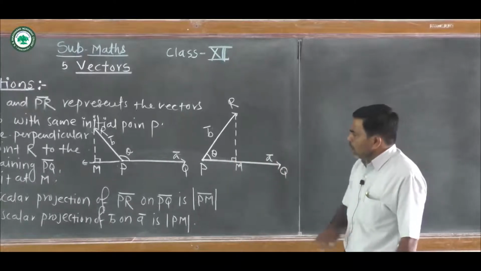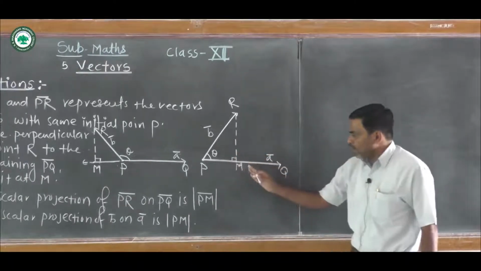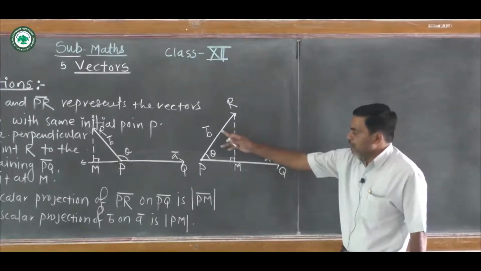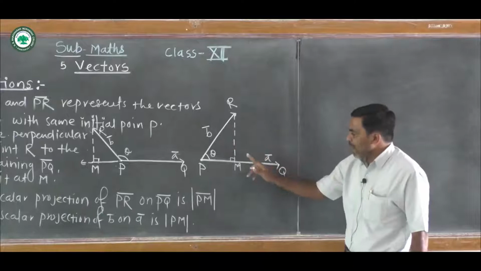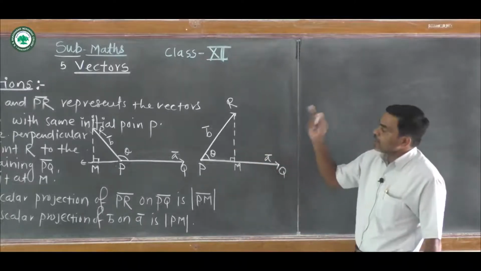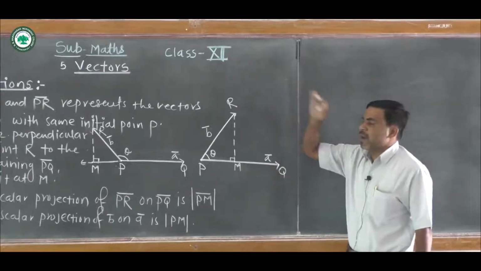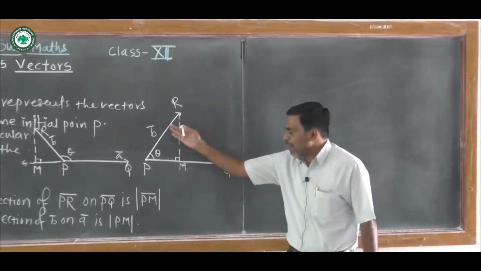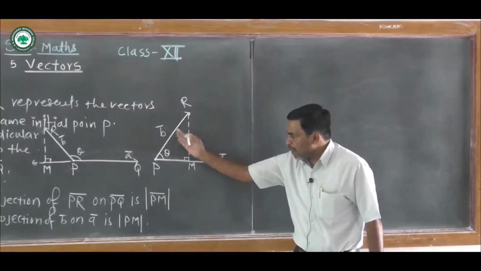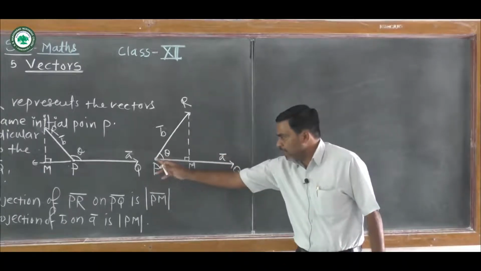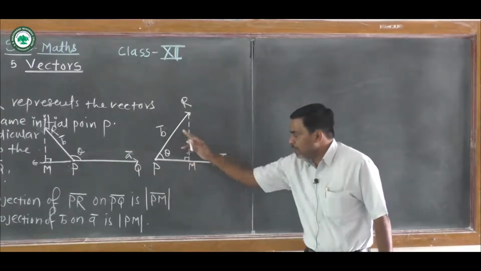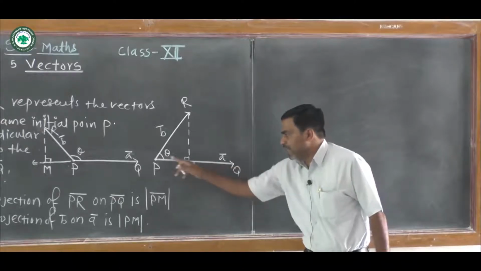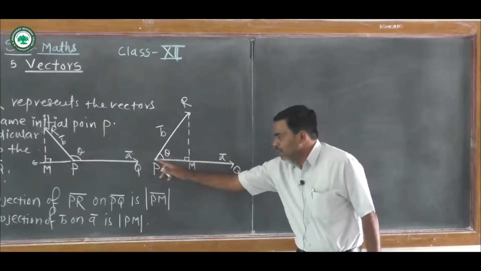In particular, the projection of B bar on A bar is nothing but the shadow of B bar on A bar, if the sun is overhead of B bar. And that is the length of the segment PM, or the magnitude of the vector PM.